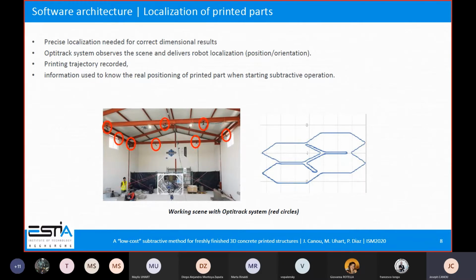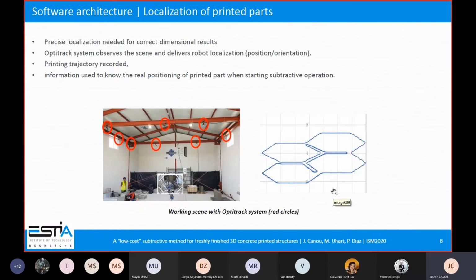So to do this, we use the OptiTrack system with several cameras that are here in the red circles. And with this OptiTrack system, we were able to record the printing trajectory. So that's just an example. On this example, you can see that we had also some vibration.